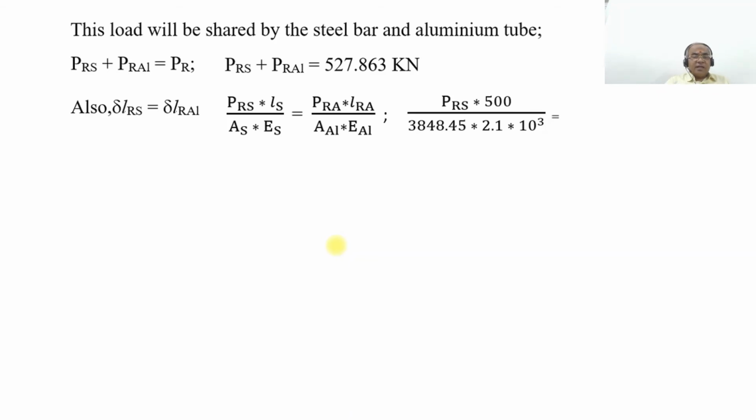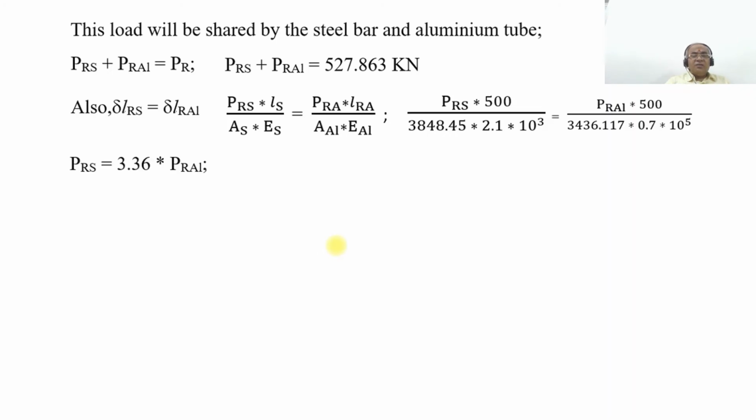So what is PRS that I need to find out? PRS into length of steel 500 and area of steel 3848.45 into Young's modulus of steel 2.1 into 10 to the power of 5 equals PRAL into 500 divided by 3436.117 into 0.7 into 10 to the power of 5.